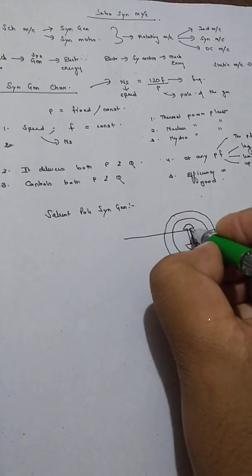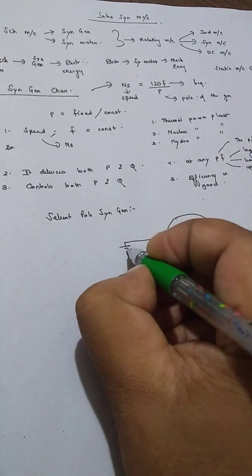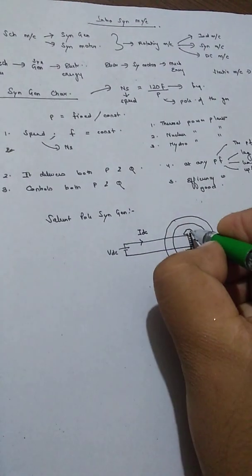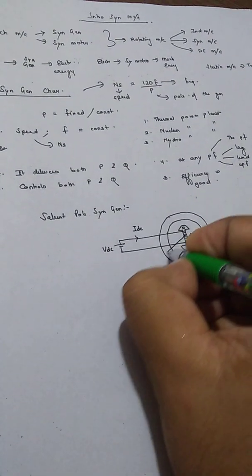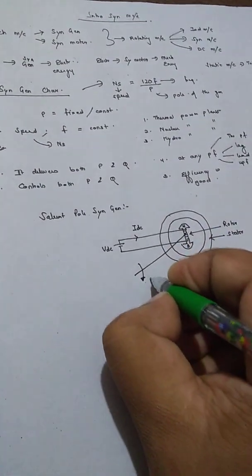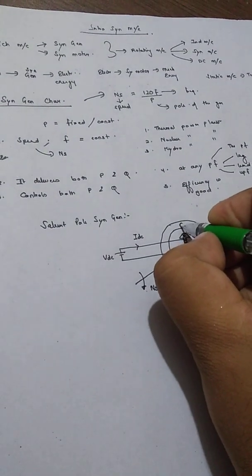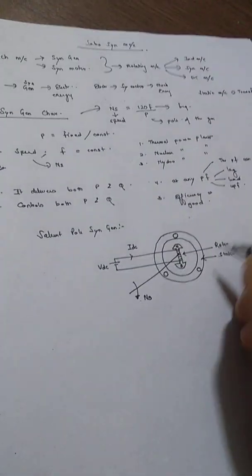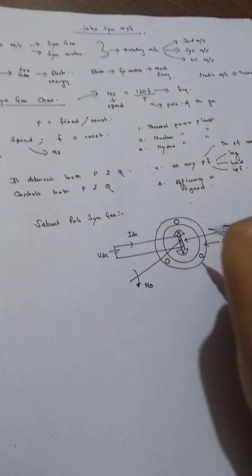Here field winding is present, which is excited by a DC source. DC current flows and poles are formed. We rotate the rotor with a speed of Ns. In the stator, armature conductors are placed.